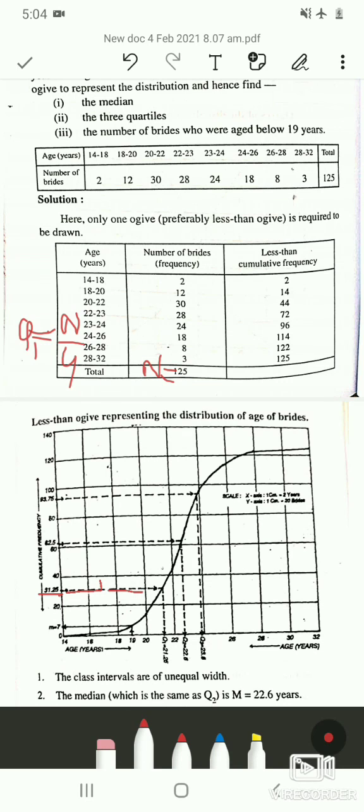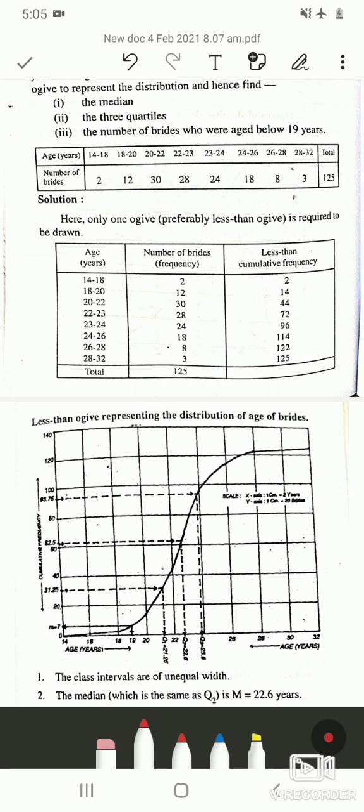For that, mark a straight line till it touches the curve, and from the point where it touches, mark a perpendicular to the x-axis. Where it coincides is your Q1 value. So I'll repeat: to get the first quartile, Q1, the formula is n divided by 4.